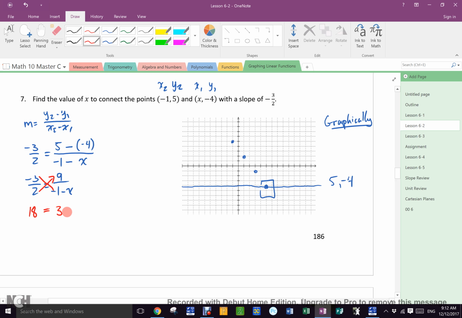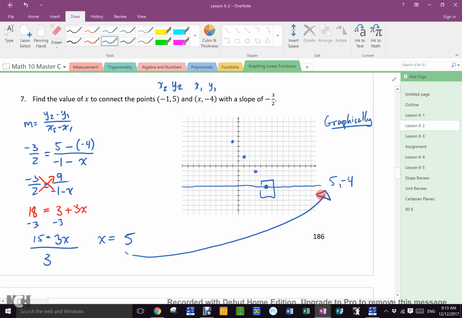Positive 3x. Now what? Get x by itself the way we always have. Minus 3, 15 equals 3x. Last step. Divide by what? 3. And x equals 5, which we already knew because we did it graphically.